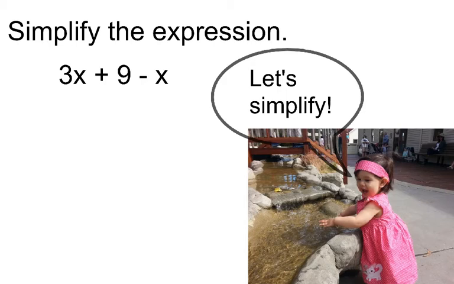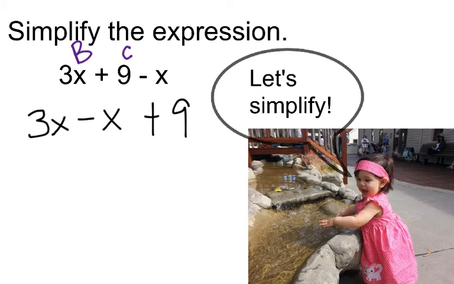Well, when we have an expression like 3x plus 9 minus x, the commutative property says that I can change the order to 3x minus x plus 9. And I always like to simplify using names for things. So I might call my 9s my cookies, and I might call my x's my boxes.